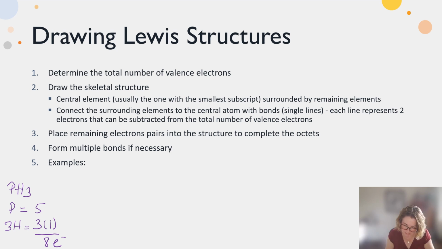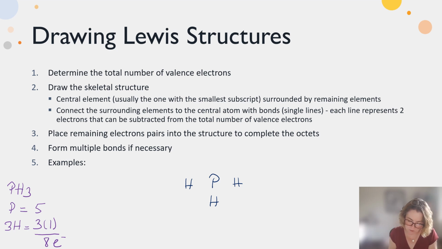Now the next thing I have to do is figure out who my central atom is. I only have 1 phosphorus, so he is going to go in the middle. And then I'm going to surround my phosphorus with hydrogen. I jumped the gun there. The next thing I need to do is to connect my phosphorus to my hydrogens.